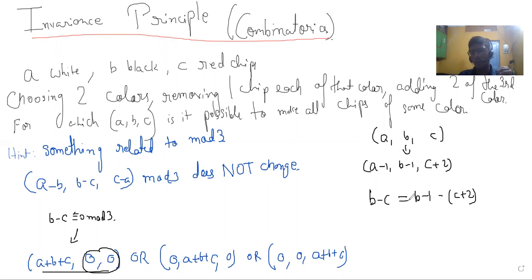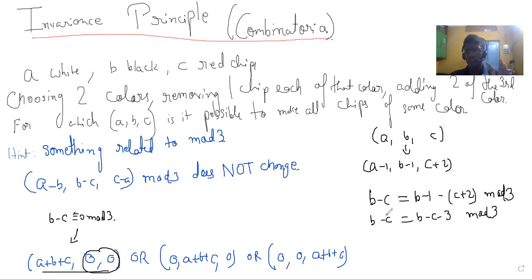But these are also equal modulo 3, because this is B minus C minus 3. Okay, you see, it doesn't change. It changes, it doesn't change modulo 3. That is the good thing. Yes, exactly. That's the trick.